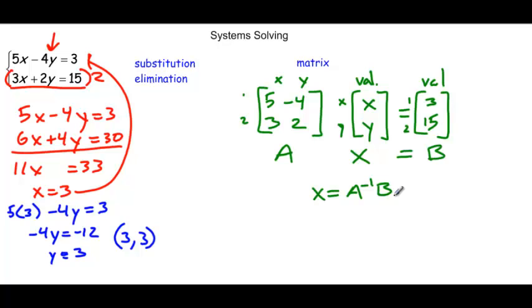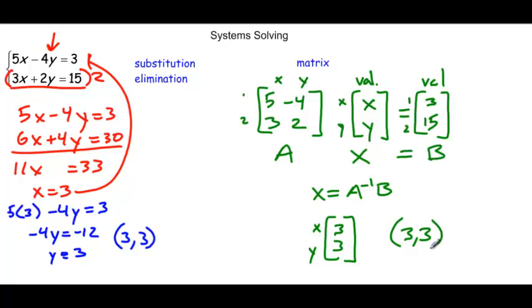I'm not going to go through the whole process here because we know how to do that, but I want to show that we can take this, convert it to a matrix setup, plug this into our calculator, and I simply hit output, and the calculator is going to show a matrix that looks like this, and I'll simply say 3, 3, and there's your x and y value, and we simply just write it as an ordered pair.